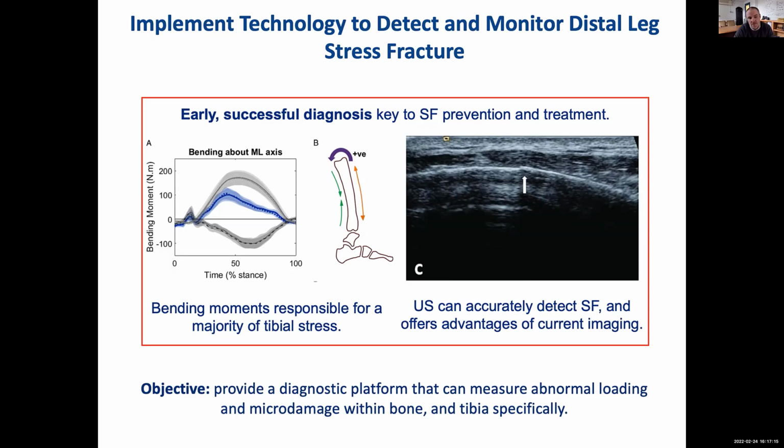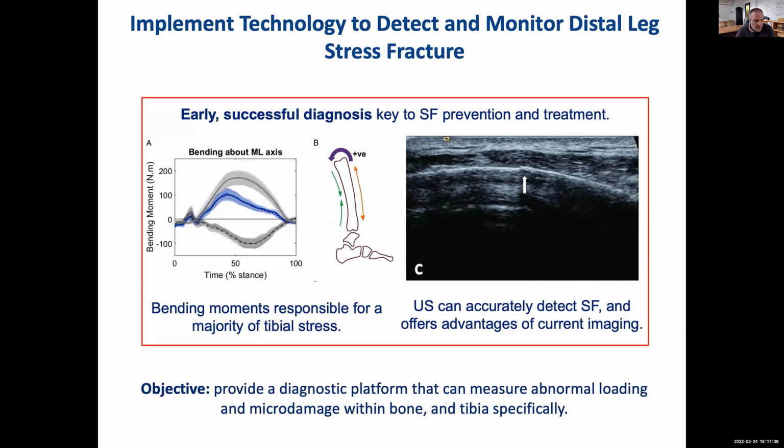So ultimately, we're trying to gain a better measure, a more accurate biomechanical measure that's related to stress fracture risk, so that we can predict who's going to be at high risk for developing these stress reactions or bone stress fractures, and then using ultrasound to monitor the bone health.